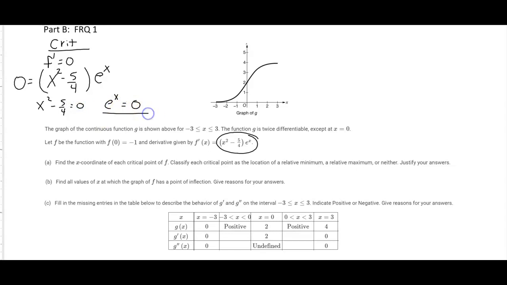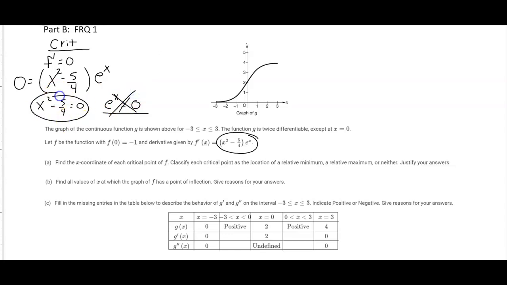Now this one, unless you have some strong pre-calculus memory, that's impossible. e to the x can never equal 0. The way that I remember it is I think of the graph of e to the x, it looks like this. It can never cross the x-axis, and so it can never have a y value equal to 0. And so this one here will simply not give us a critical value.